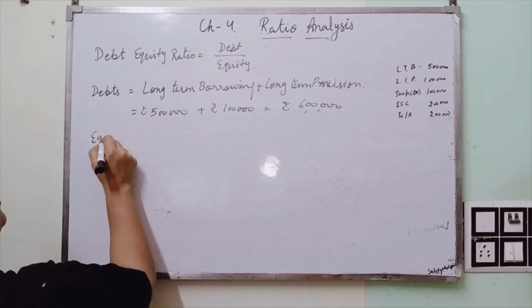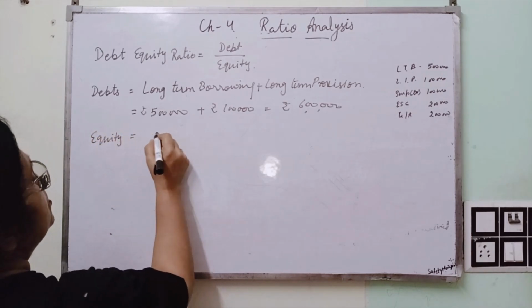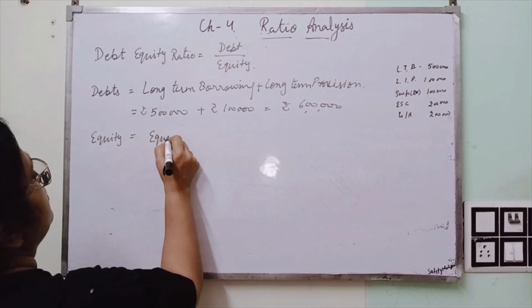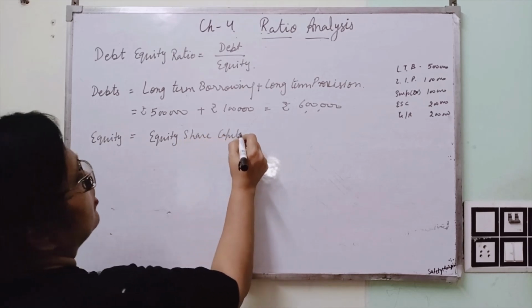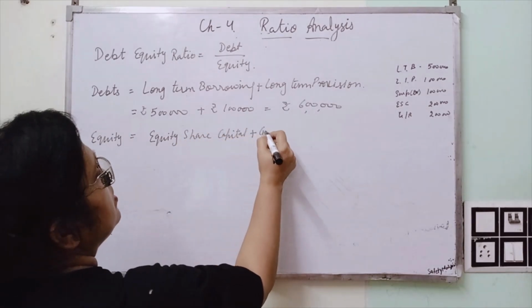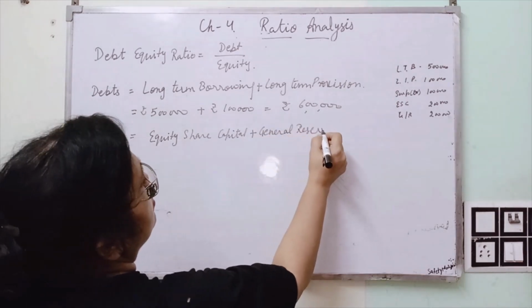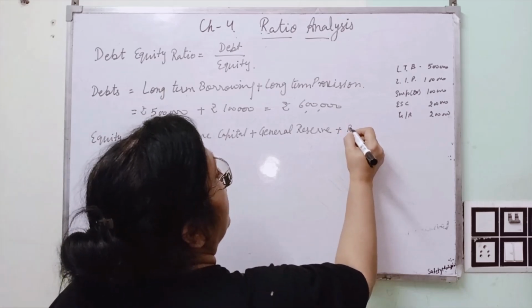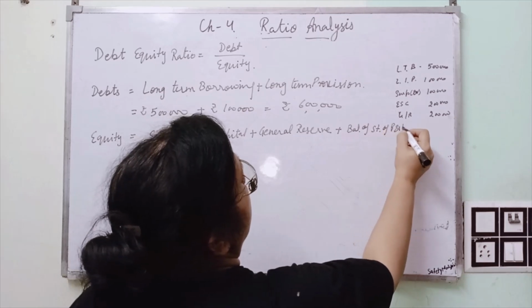In case of equity, equity is equal to shareholders fund, or equity share capital, general reserve, reserve and surplus, that is balance of statement of P&L.